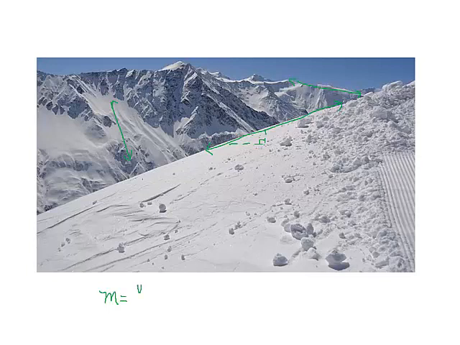It is a ratio of the vertical change compared to the horizontal change as you move from one point on a line to another. We can also talk about this as rise divided by run.